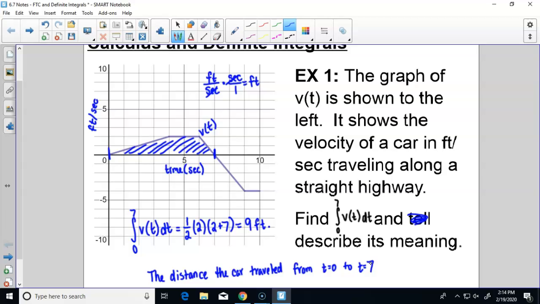So by finding that area under the curve, we can find the distance that it traveled. We can think about that with units.